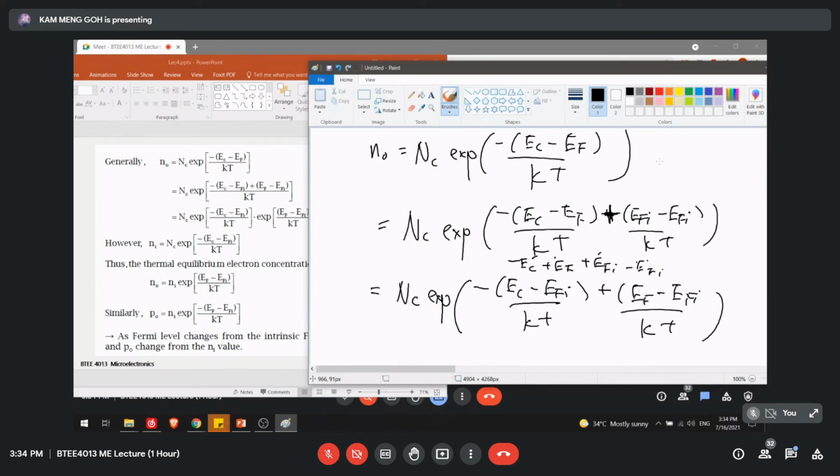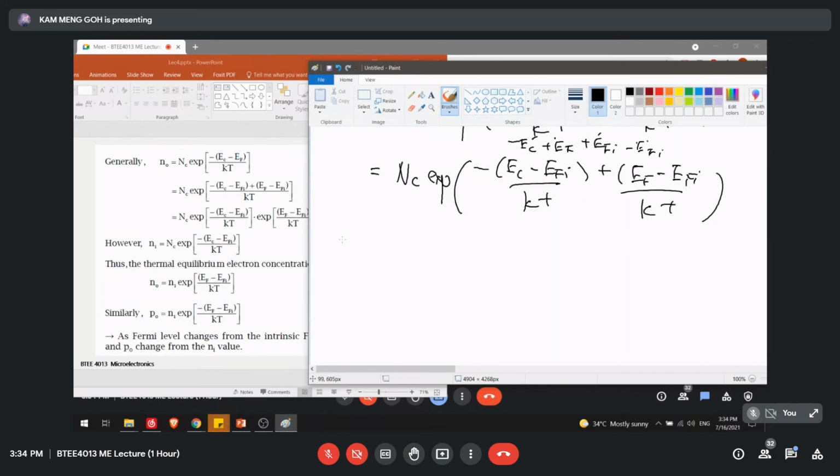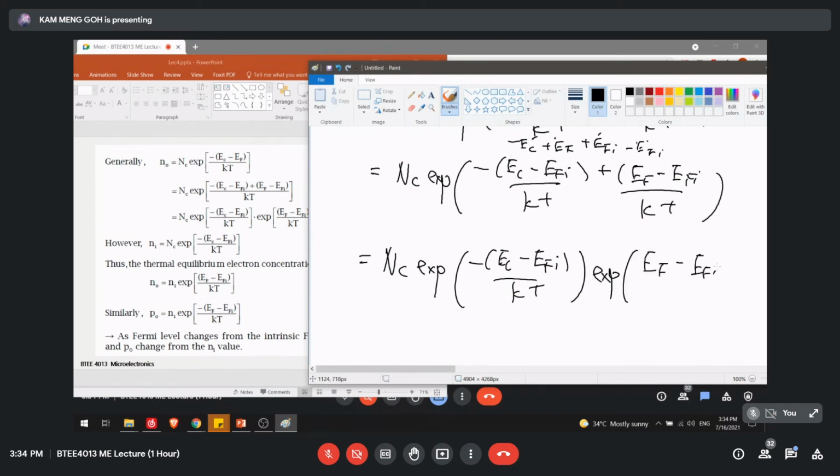So this formula, we can simply break it into EC minus EFI over KT, then exponential EF minus EFI over KT.